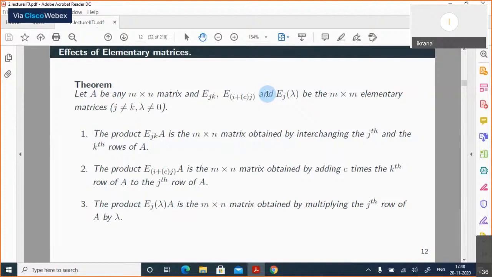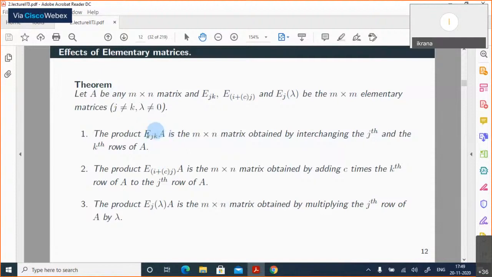So if you look at the product E_jk times A, where A is any matrix of order m cross n, and you pre-multiply, that is, multiply on the left by E_jk. What is E_jk? This is a matrix obtained from the identity matrix by interchanging the jth row with the kth row.